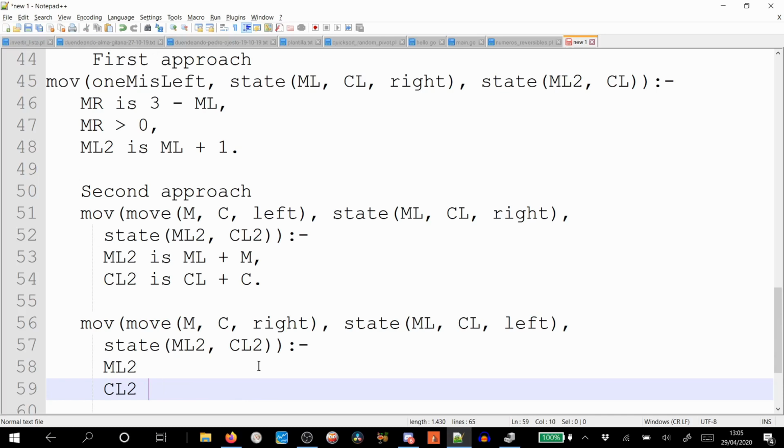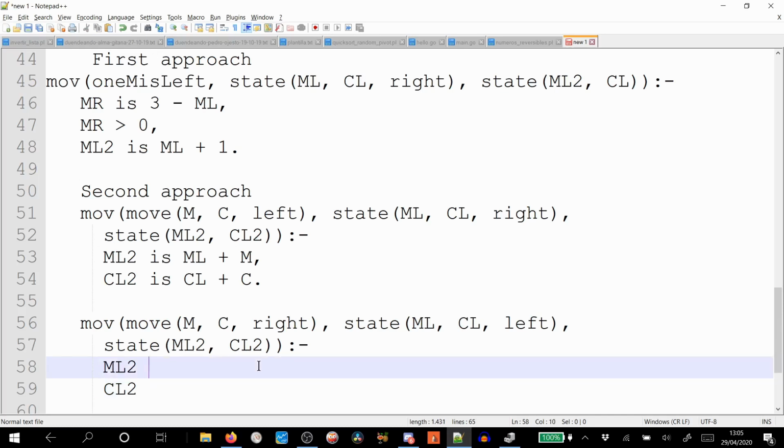So, missionaries to the left 2. We are moving to the right. So tell me, missionaries to the left. We are moving to the right. So what happened with the missionaries or cannibals to the left? Is minus m. No?